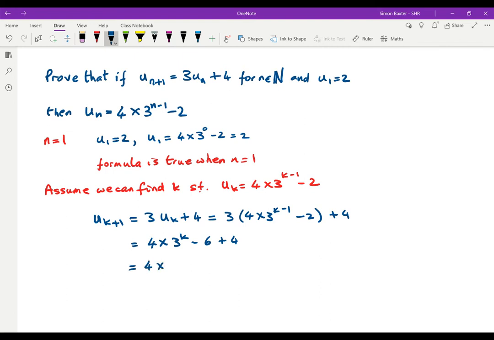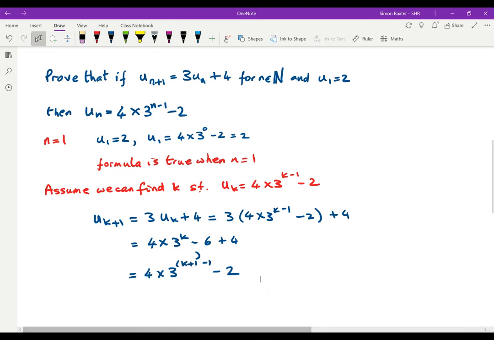4 times 3, I'm going to write my k as k plus 1 minus 1. Minus 6 plus 4 is minus 2. So we now have written this so that we can see it more easily. There it is. So I've now got 3 to the k plus 1 minus 1 minus 2.